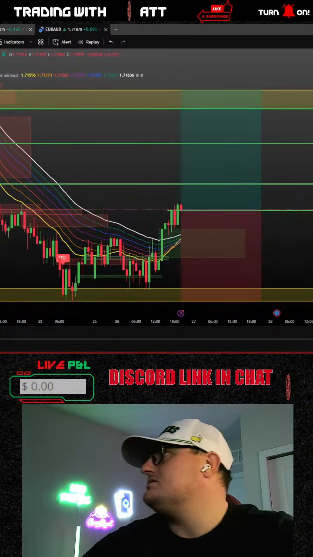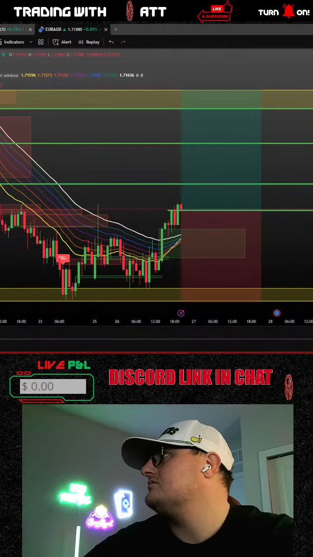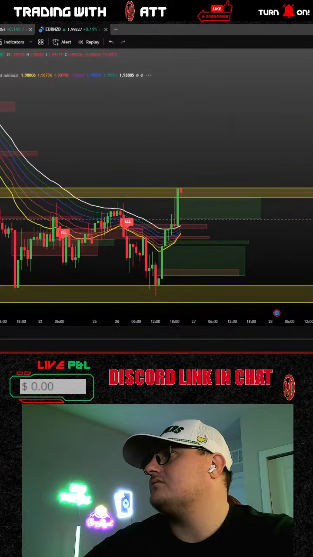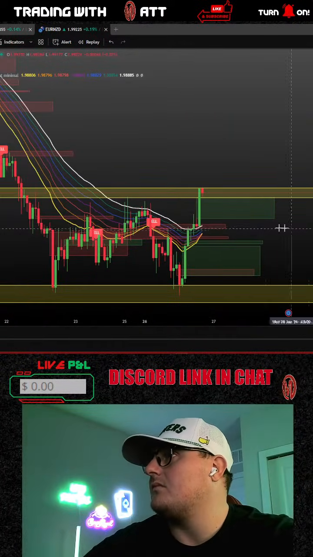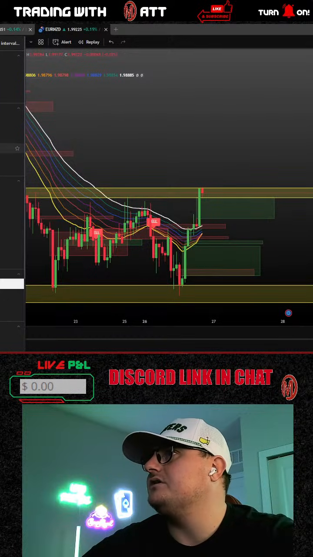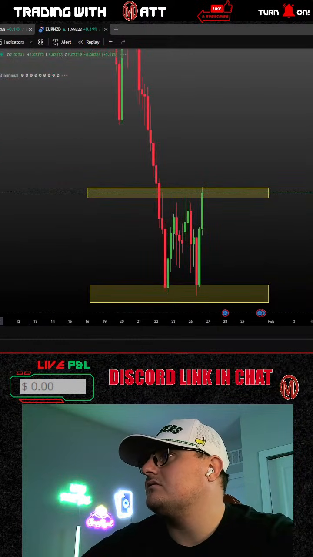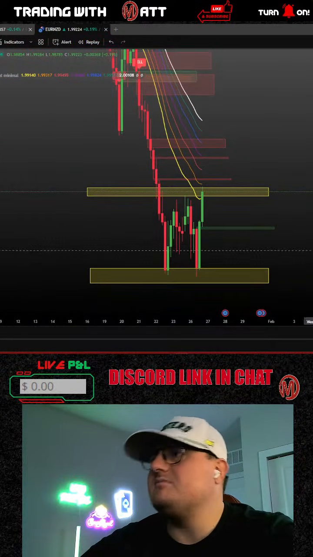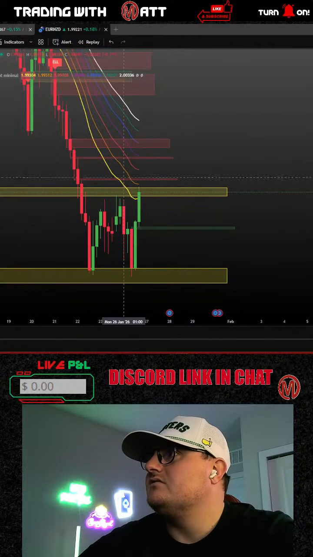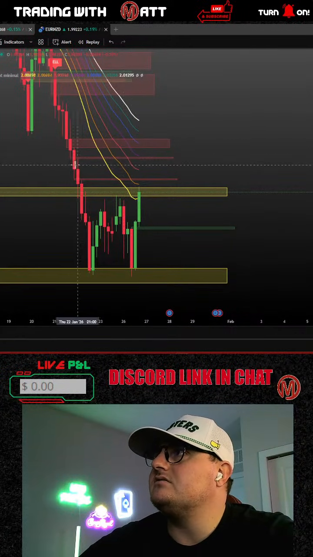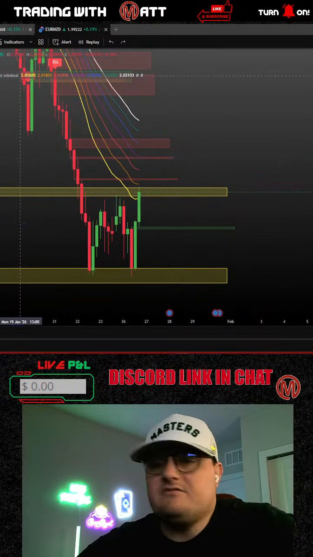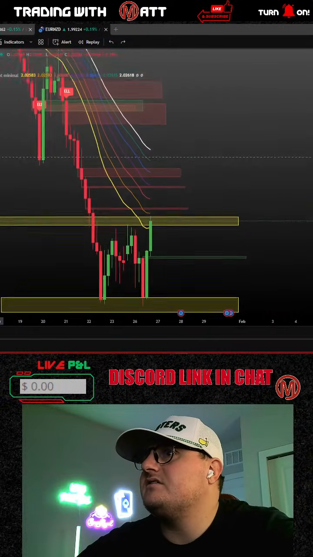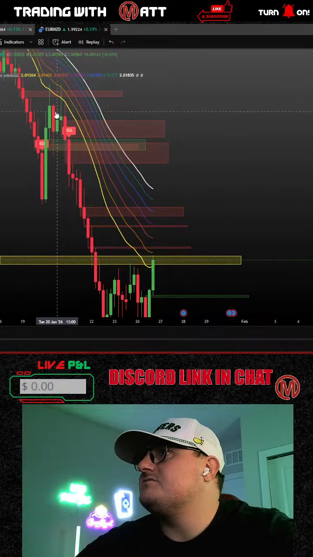Euro NZD. The 1 hour looks great. Same thing though. The 4 hour is coming right up to the EMA ribbon, and typically when it comes up to the EMA ribbon is when you get rejection.